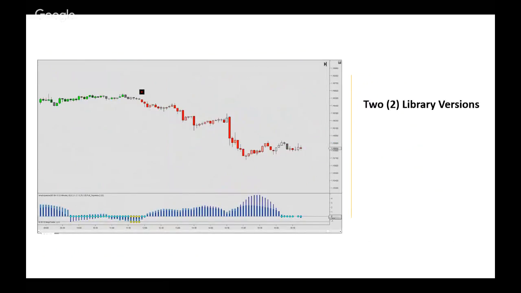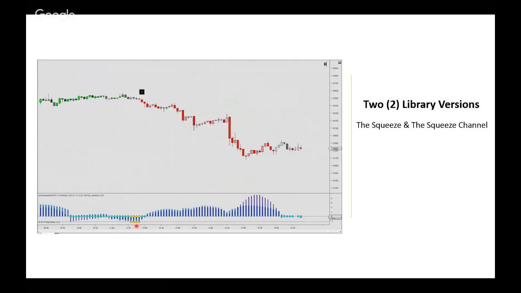Also, there are 2 versions of this indicator in the library. So far, we've looked at the squeeze channel, which displays, well, the channel, obviously, and then there is a version that displays the squeeze dots and setups. In the lower panel here, we see the blue dots signaling a Bollinger Squeeze.